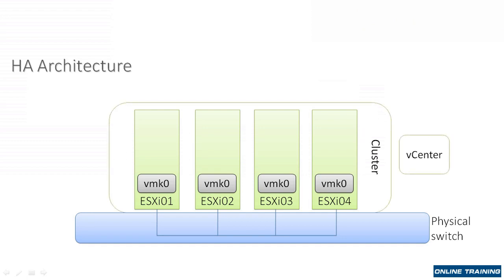Once we create our cluster in vCenter and enable high availability on this cluster, an election will take place. One of these hosts in the cluster will take on the role of master. Every other host in that cluster will take on the role of slave.